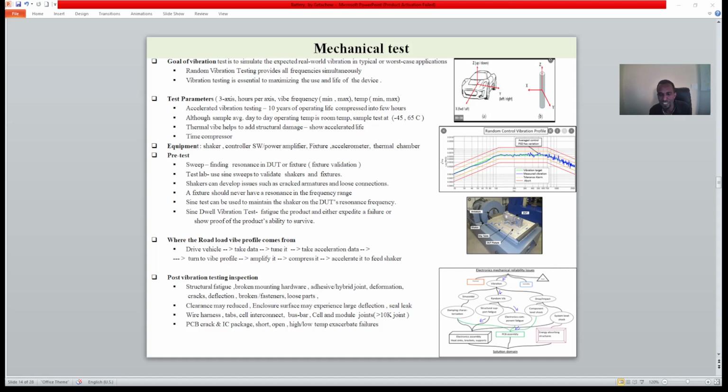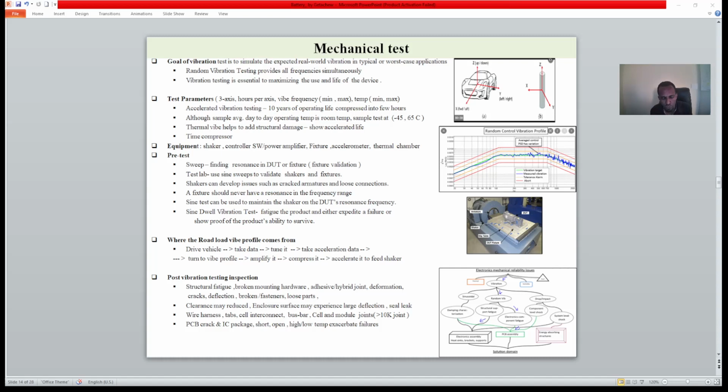With that, you can do your mechanical vibration to make sure the mechanical structure of your sample is getting ready for life. After you've done all the mechanical vibration tests, you have to open up and disassemble everything and look out for structural fatigue, broken mounts, any adhesive, deformation, bent, loose fasteners, everything.